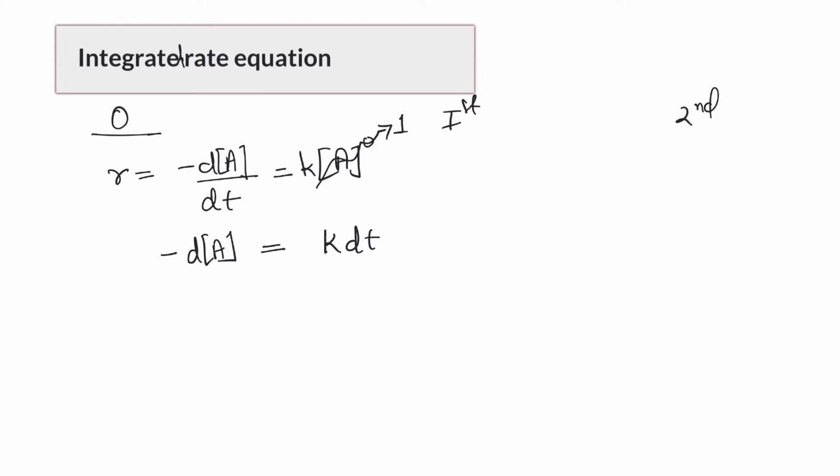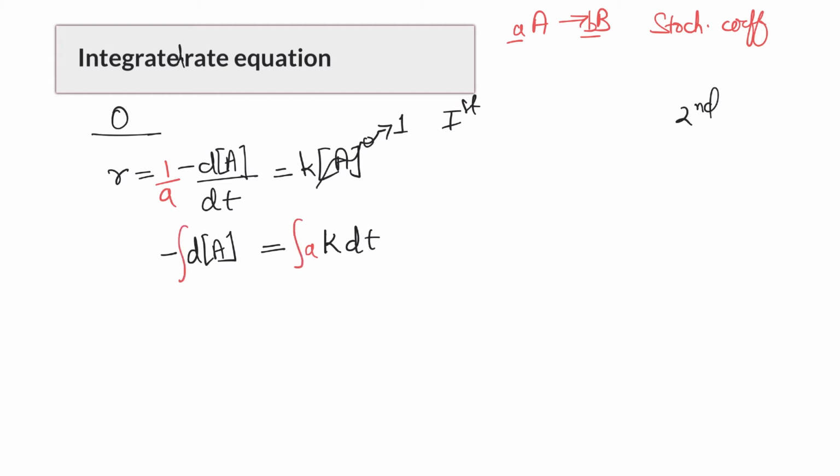Now I'm going to miss a very crucial detail here. So this reaction is about A goes to B. What about aA goes to bB? a is the stoichiometric coefficient, right? I hope you remember that from the last video on the series. So that means we must have added 1 upon a here, and this will jump over to the right side. So aK dt. Now, very simple, let's integrate both sides.